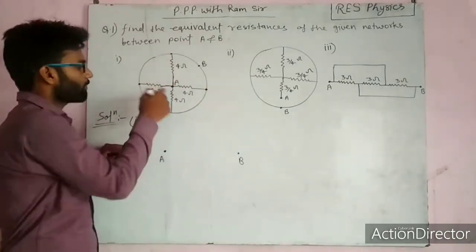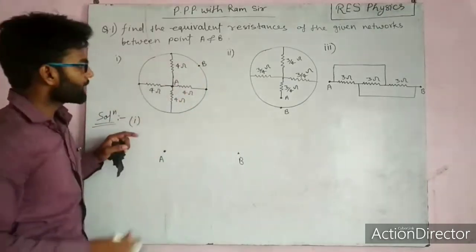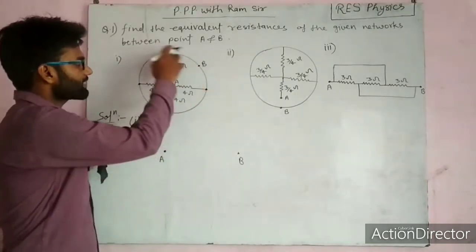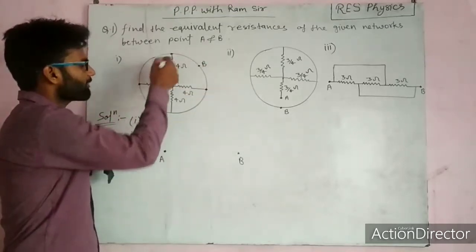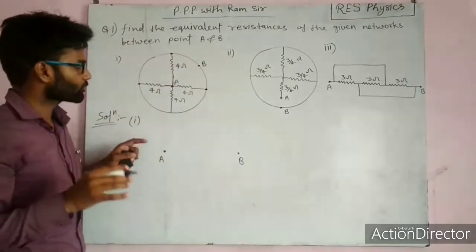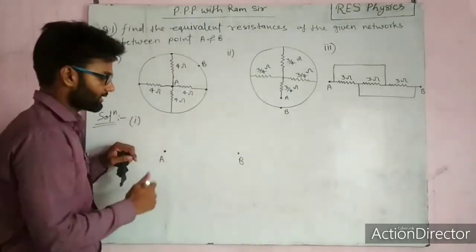The other terminal of all the resistances is connected with point B. Why? Because this is just a connecting wire, right? So the potential at each and every point will be the same, so we can represent it with a single point, right?